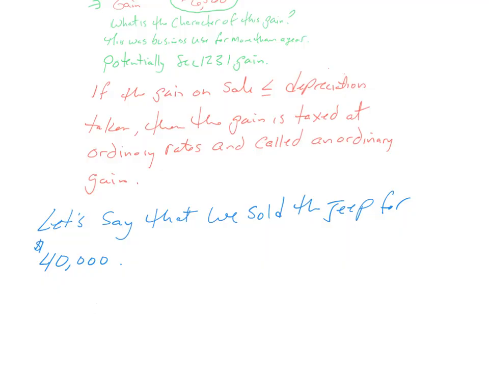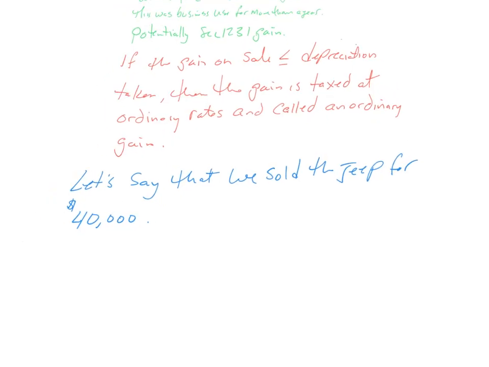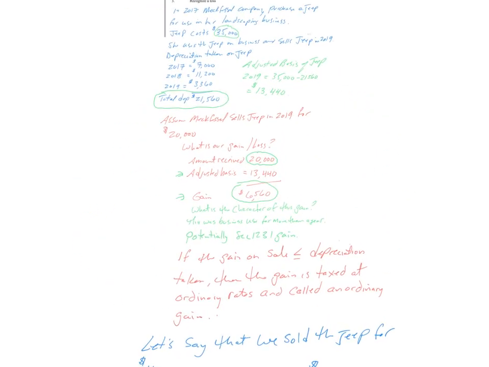So instead of our Jeep depreciating in value, for some reason it was a limited edition Jeep, and it held its value very well. In fact, it appreciated, and so we're selling the Jeep in 2019 for $40,000. So now, what is our amount received? That's $40,000.